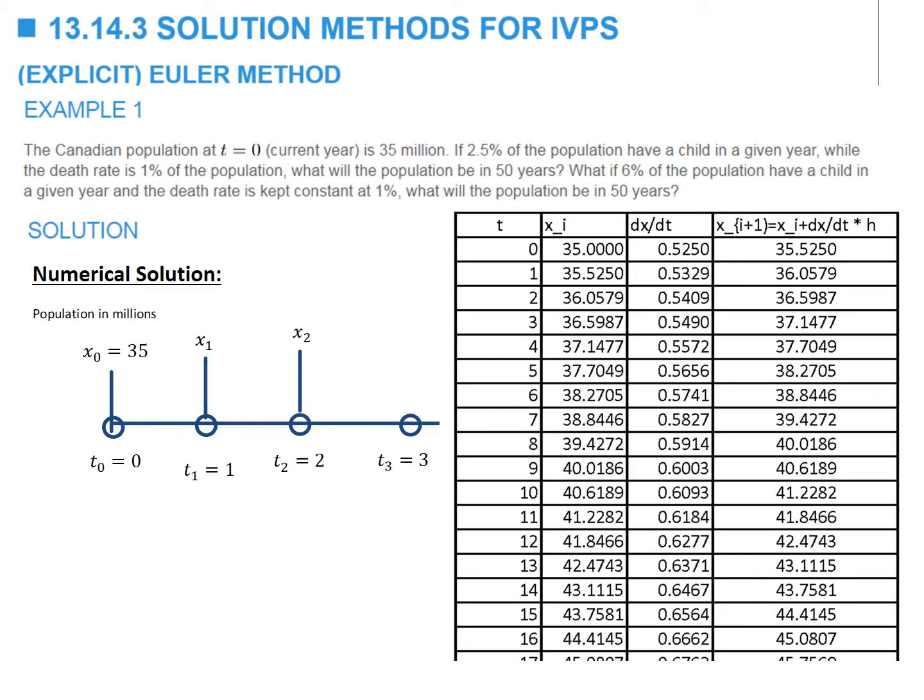Here is a table that shows the value of time, the value of xi, the value of dx by dt, and the value of xi plus 1, which is evaluated as xi plus dx by dt multiplied by h, and h here is the time interval, which is given as 1 year.